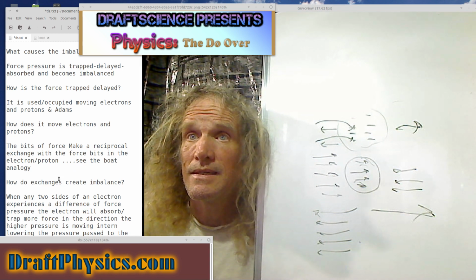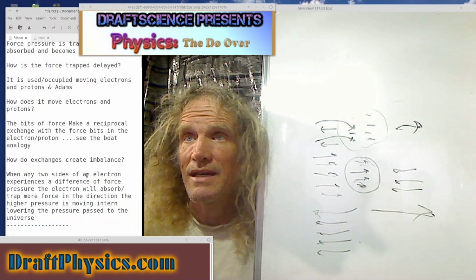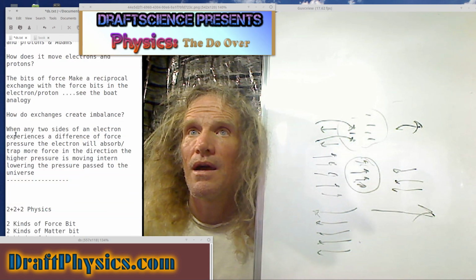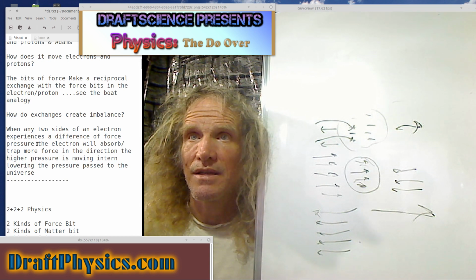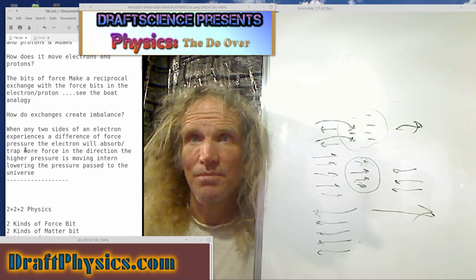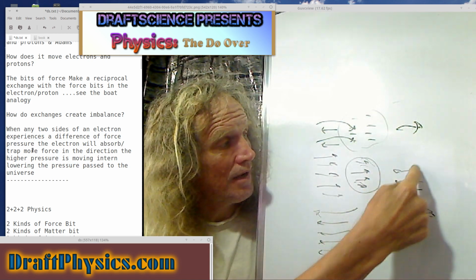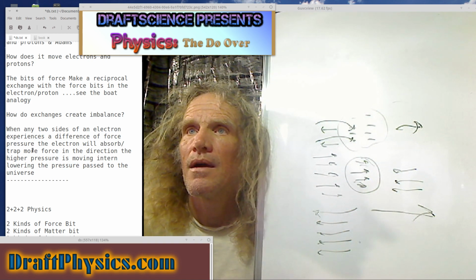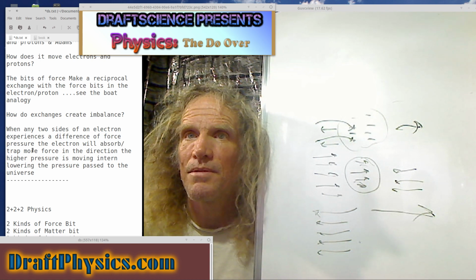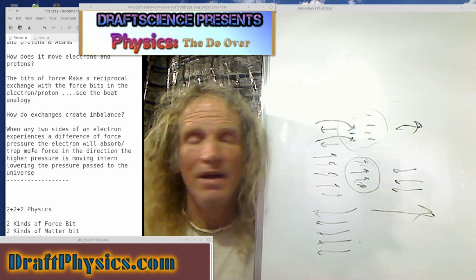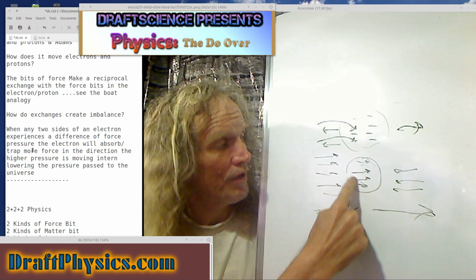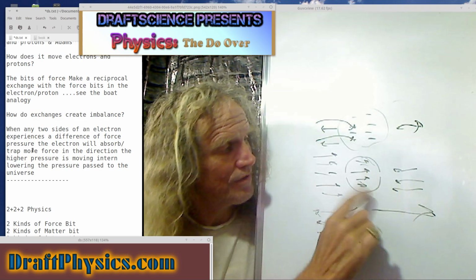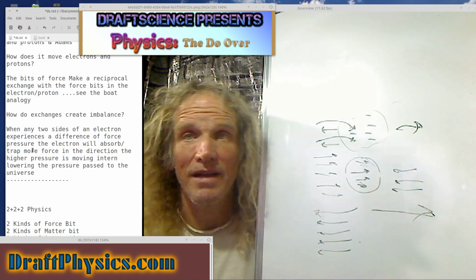Okay. How do these exchanges create imbalance? Reasonable question. When any 2 sides of an electron experience a difference in force pressure, that is, when this side has more stuff than this side, the electron will absorb, trap more force in the direction of the higher pressure. Obviously, more interactions this way, fewer interactions this way, more exchanges this way, fewer exchanges that way.